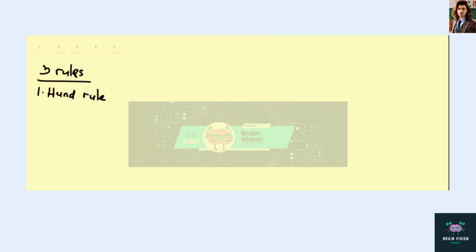The first one is the Hund's rule, and the second one is the half-bar rule, and the third one is the Pauli's exclusion principle.